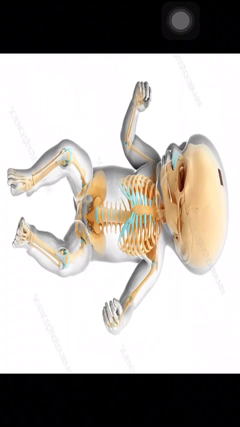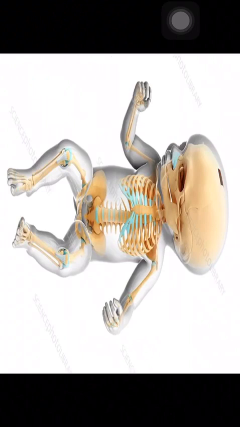Now, how do these 300 bones convert into 206 bones? What happens is that these bones fuse together and become fewer as the baby grows. So these 300 bones are converted into 206 bones in the adult human being.